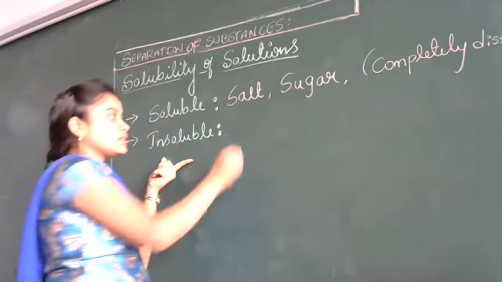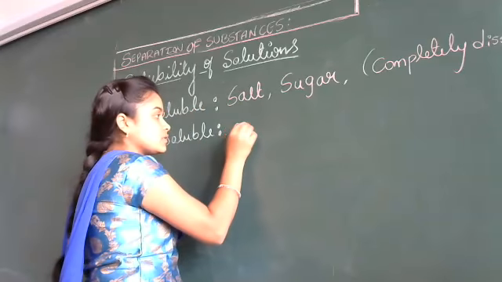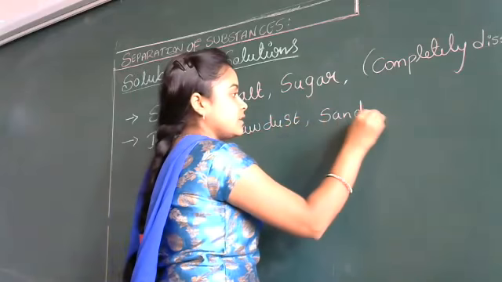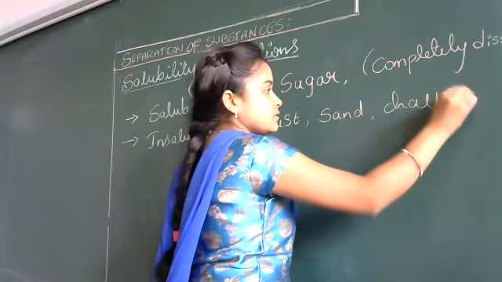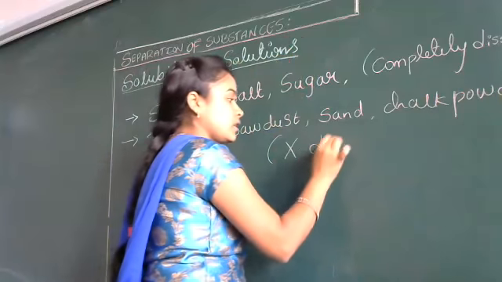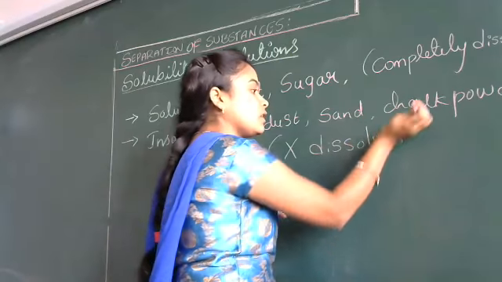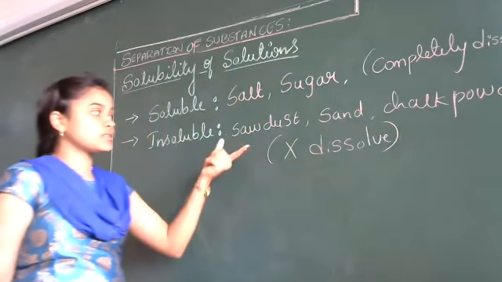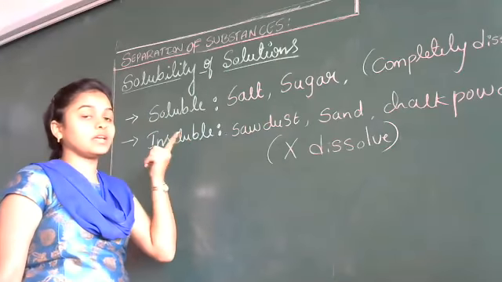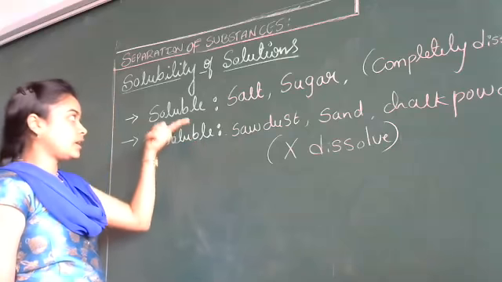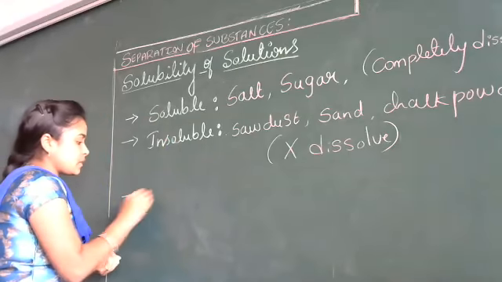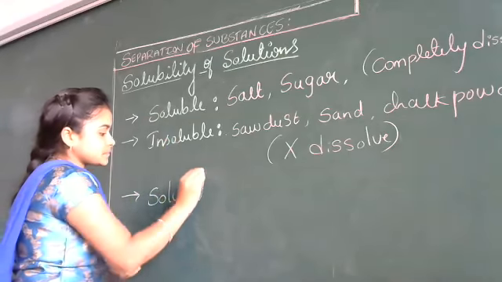Now what is insoluble? Some substances like sawdust, sand, chalk powder will not dissolve in liquid or in water. Such substances we call insoluble substances. Now here one more word you should remember is solubility.